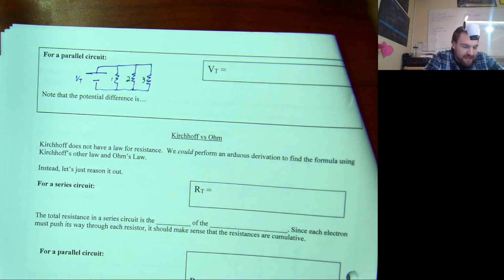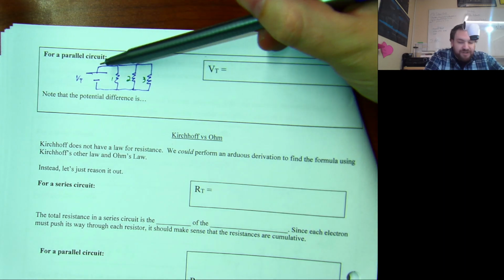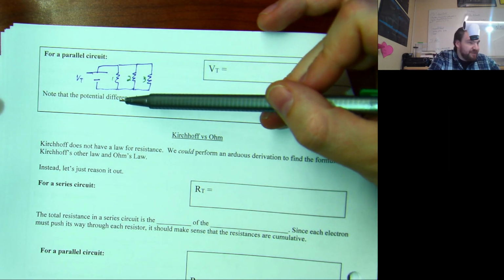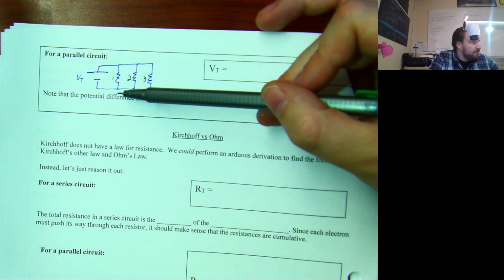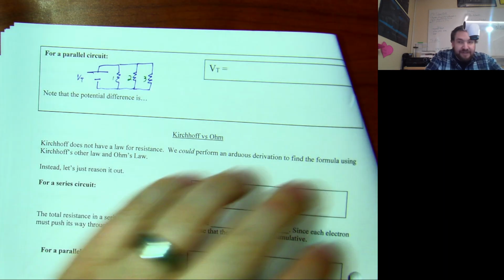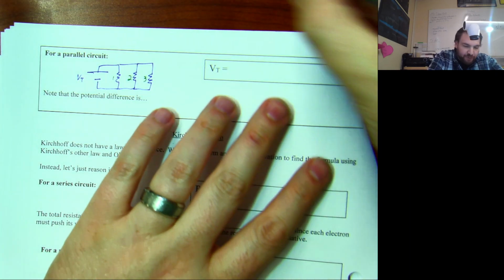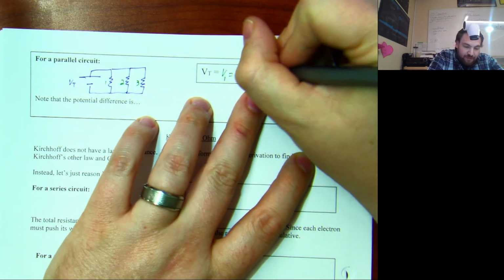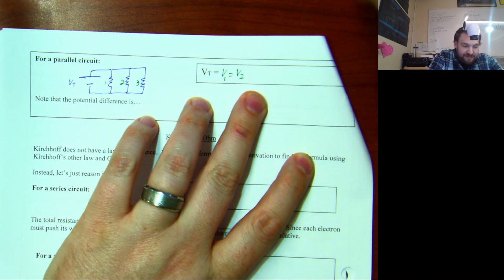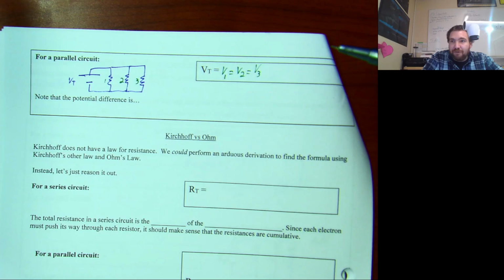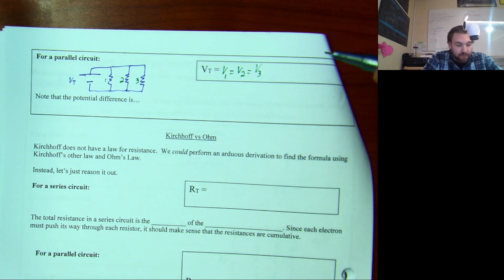We've already seen that the voltage across every one of these branches has to be the same as my voltage supplied by the batteries. So in this case, over my parallel one, my total voltage is going to be equal to my voltage drop across the first branch, which is going to be equal to my voltage drop across the second branch, which is going to be equal to my voltage drop across my third branch.